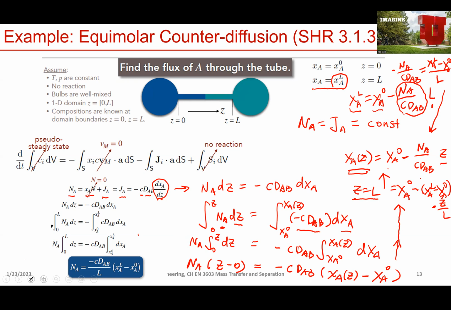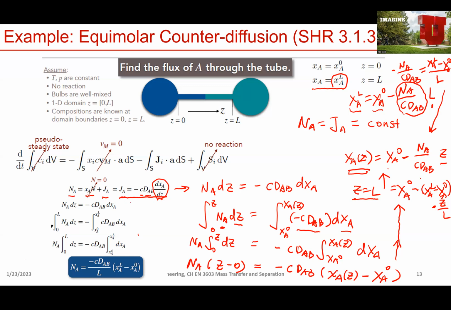We start from Fick's law. In Fick's law, basically, we link the mole flux with dXA, that's the mole fraction, which is unknown, over the location dz. Now, like I said, we're trying to solve XA as a function of z, and it seems like this gave us a good start.